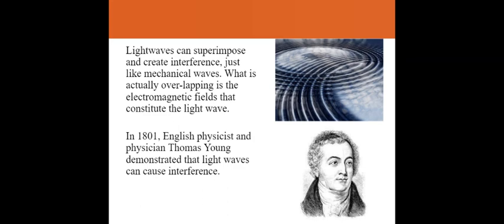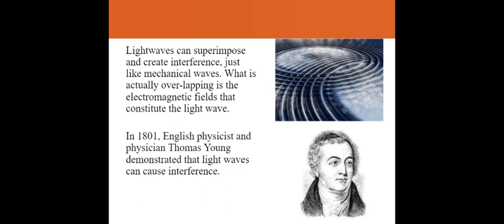Now, what's actually happening with light that we'll see causes interference of light waves is that light is actually a series of oscillating electromagnetic fields. So it's those fields that are overlapping that create what appears as wave interference to our eyes, as we'll see in Young's experiment.